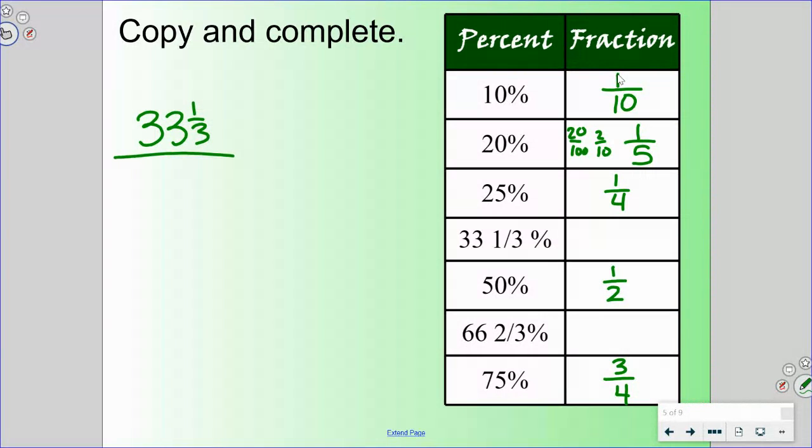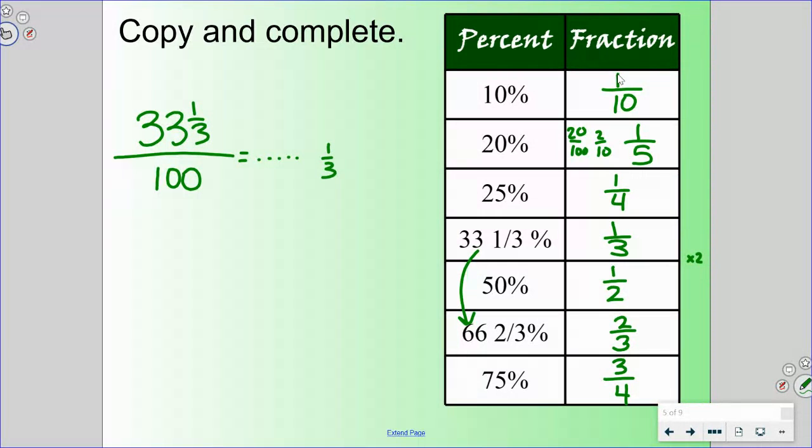You could create a percent ratio, 33% per 100. When you do that, perhaps you will not be surprised that 33 1/3% is a third of a number, which means naturally 66 2/3% is double that, or 2/3 of a number.